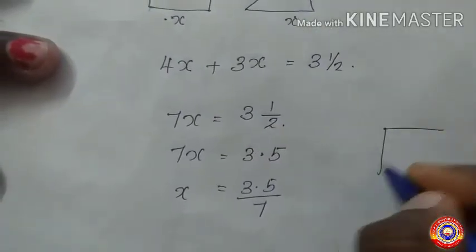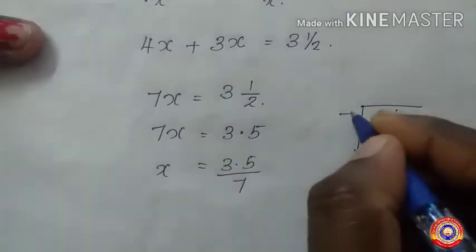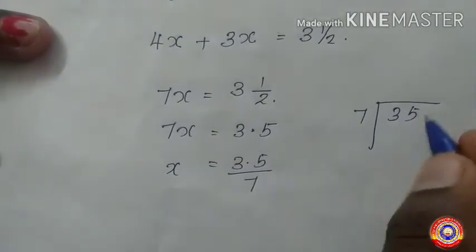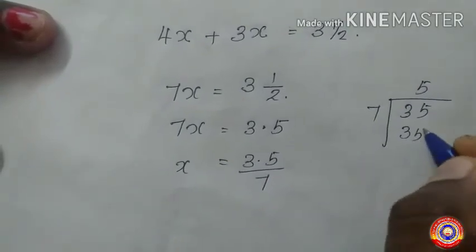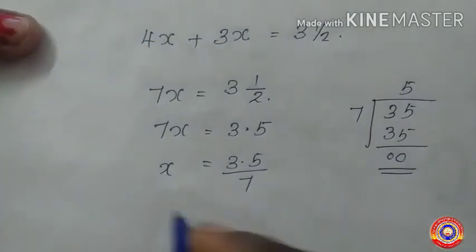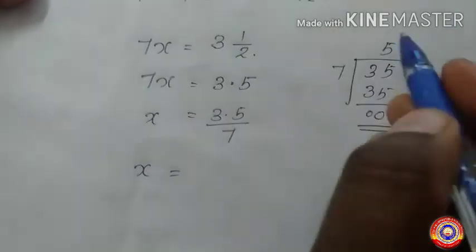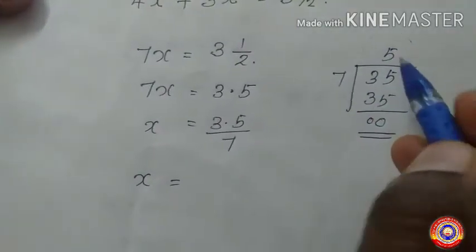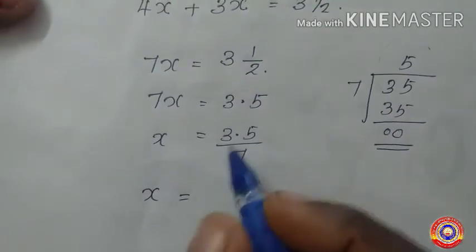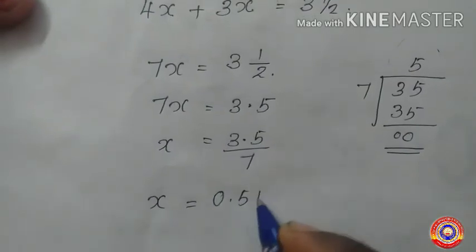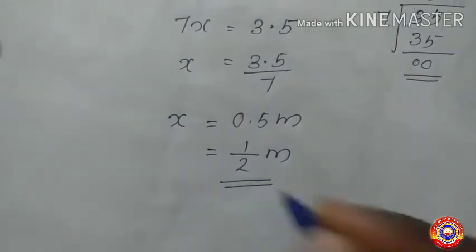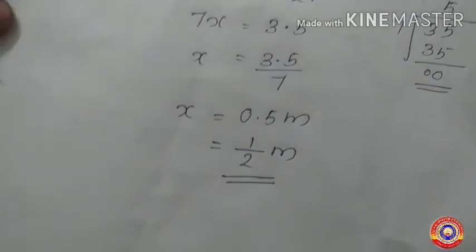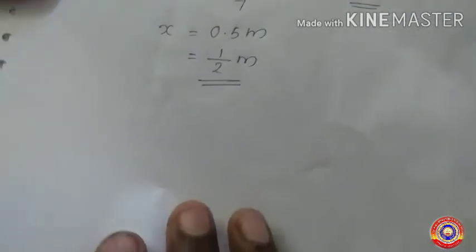So we have to divide without the decimal. 35 by 7 we get 5, since 5 into 7 is 35. So x equal to, we have to put one decimal point there. So the answer is 0.5 meter, and it is equal to half meter. So x equal to half meter.